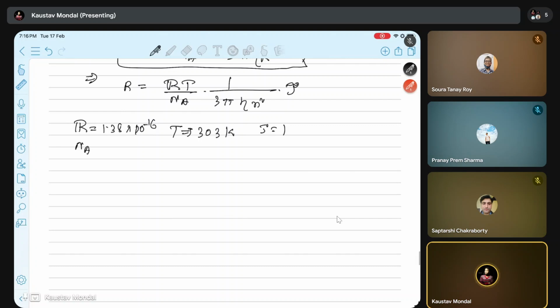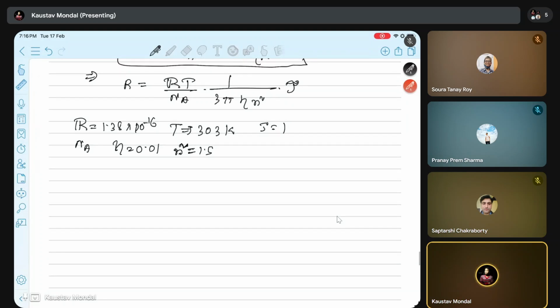Na we know. Eta is 0.01, and R square is the mean square displacement, 1.5. It is the R square that is 1.5, not R.